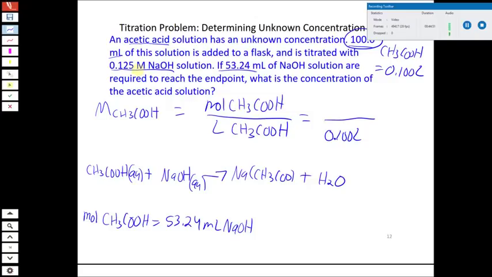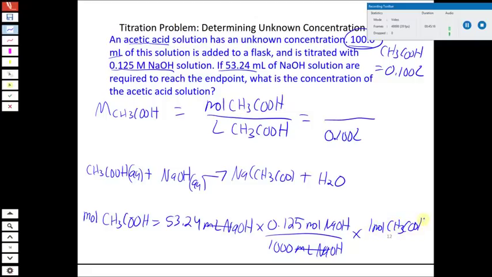We know the molarity is 0.125, so we can use those two numbers to find moles of NaOH that we added. So 0.125 moles of NaOH per 1,000 milliliters. Again, that's just the molarity of the solution that we're given. And then from the balanced chemical equation, we have 1 mole of acetic acid for every 1 mole of NaOH, because they react in a 1-to-1 ratio.